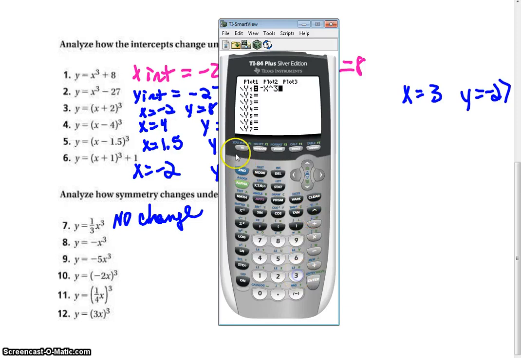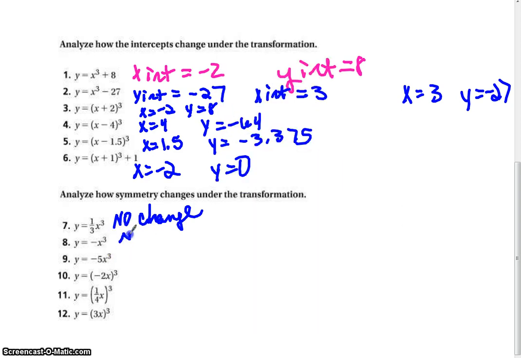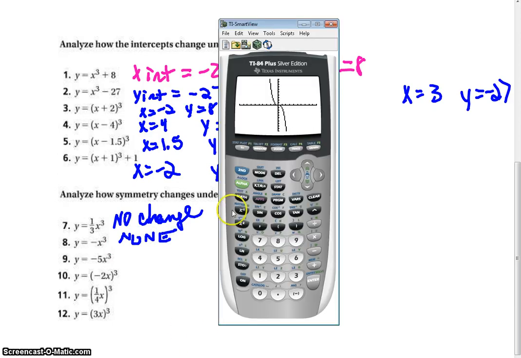If we have -x to the third, look at your graph. If you rotate this 180 degrees around, there is once again no change. You have -5x to the third. Look at your graph.